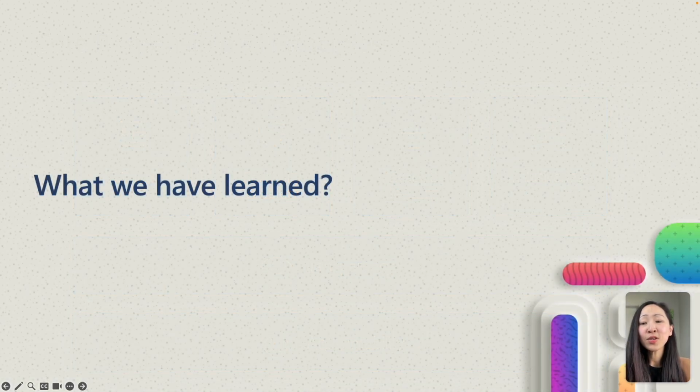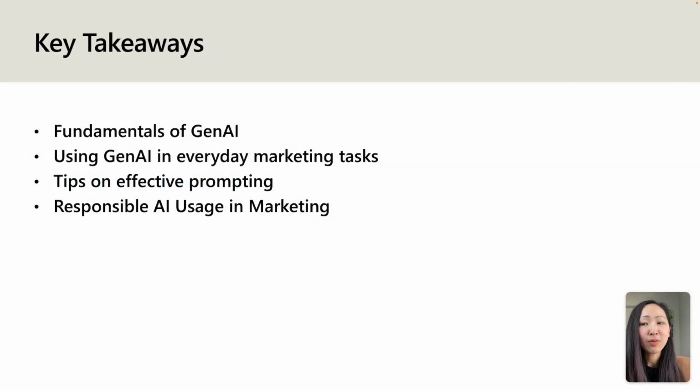Okay, so just to quickly recap what we have learned in today's section. We have covered some fundamentals, core concepts of generative AI, what it really is and how it differs from traditional AI, and also some of the misconceptions of generative AI. And also the 4 key aspects of using AI in everyday marketing tasks, like creating content ideas, generating content, getting insights faster, and how to use it in daily marketing team communication.